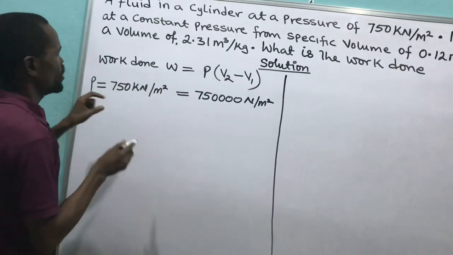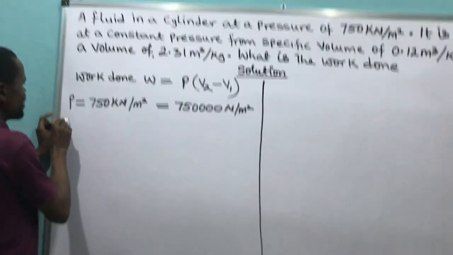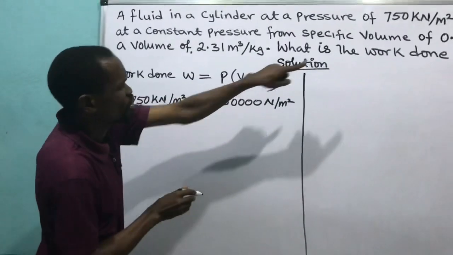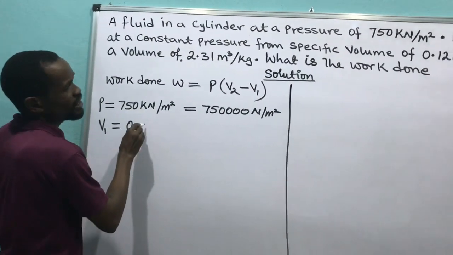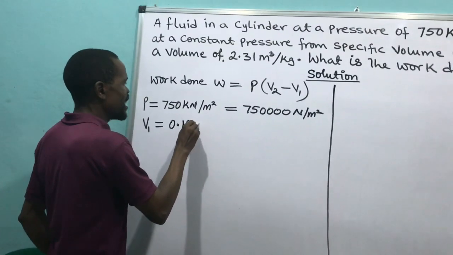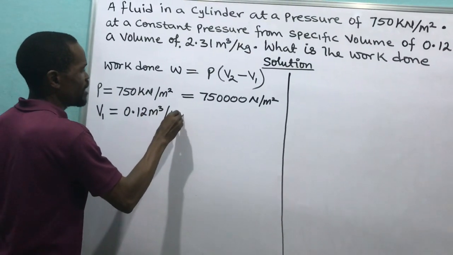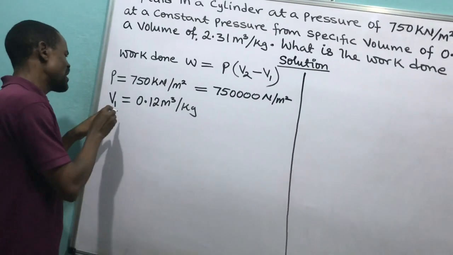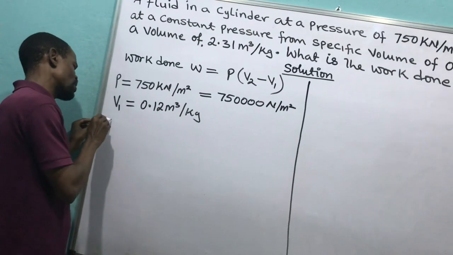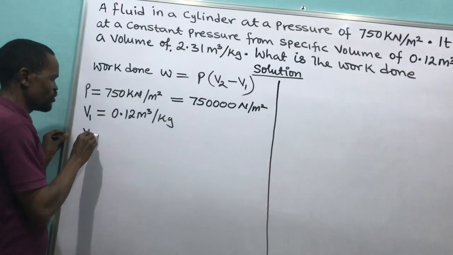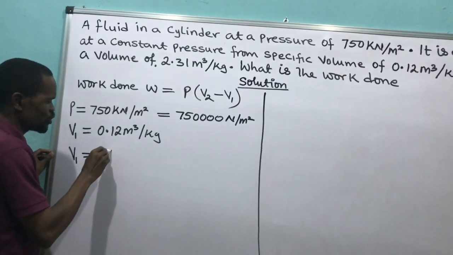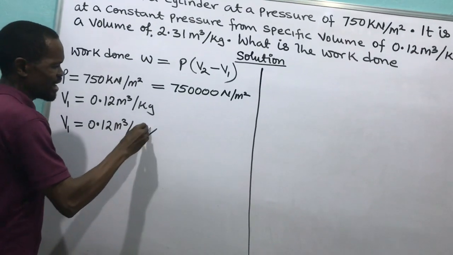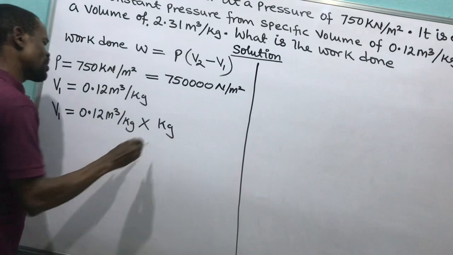Then I have the volume V1, which was given to me as 0.12 meter cube per kilogram. This is called specific volume. Let me get the actual volume. The specific volume times the mass: 0.12 meter cube per kilogram times 1 kilogram.